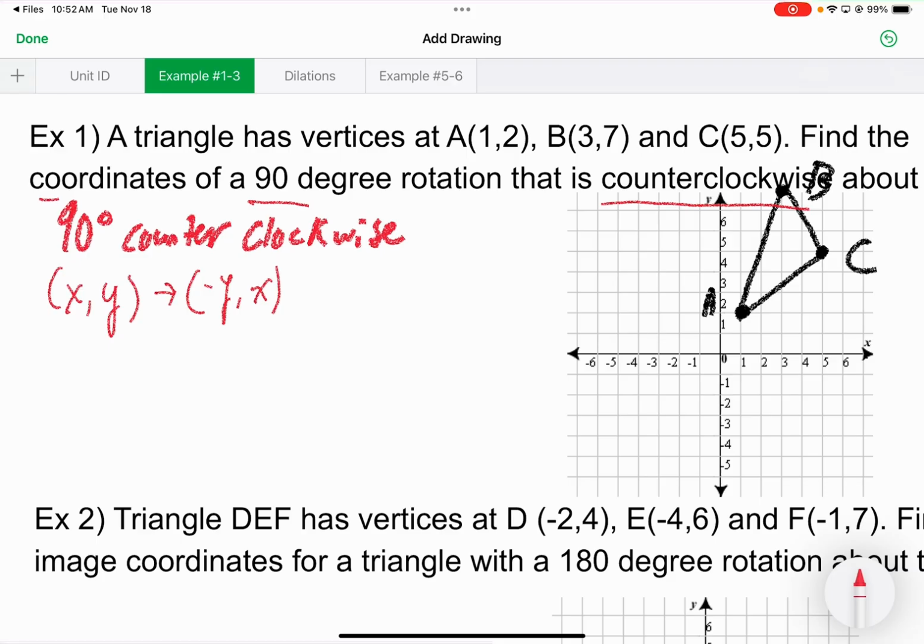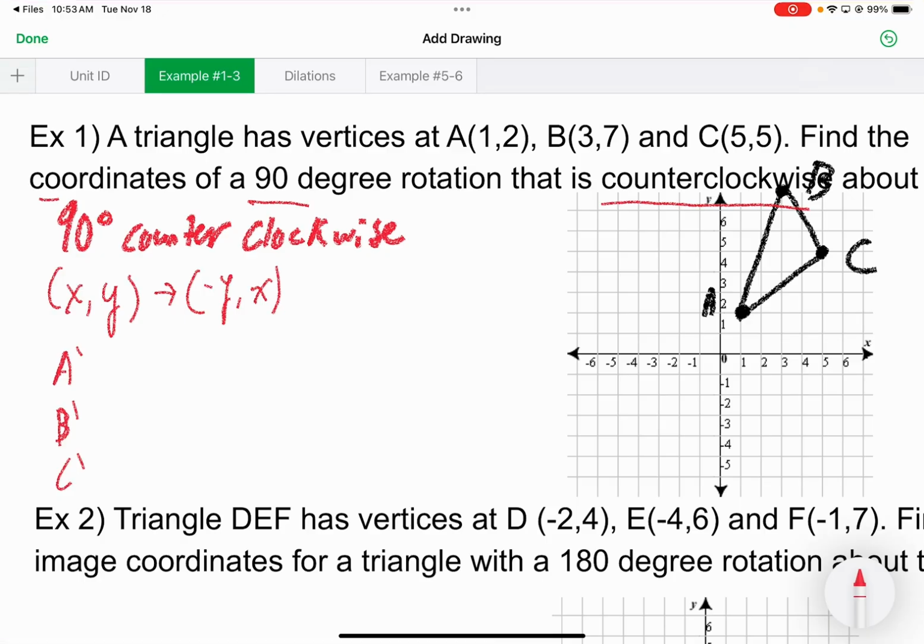Which means to each one of my coordinates, A prime, B prime, C prime, I need to switch the x and y and then change the sign of the one that lands in the first spot. Okay? So my first point is 1, 2. What will that become? You said what, Ryan?